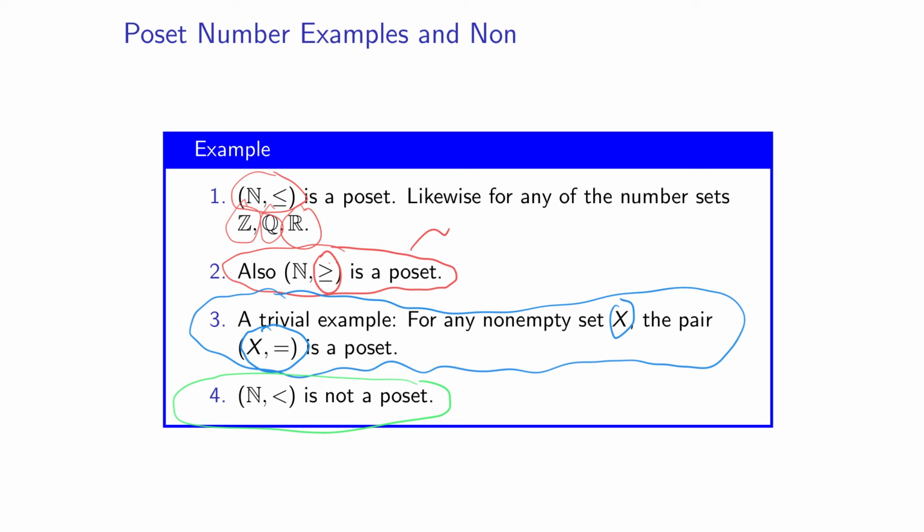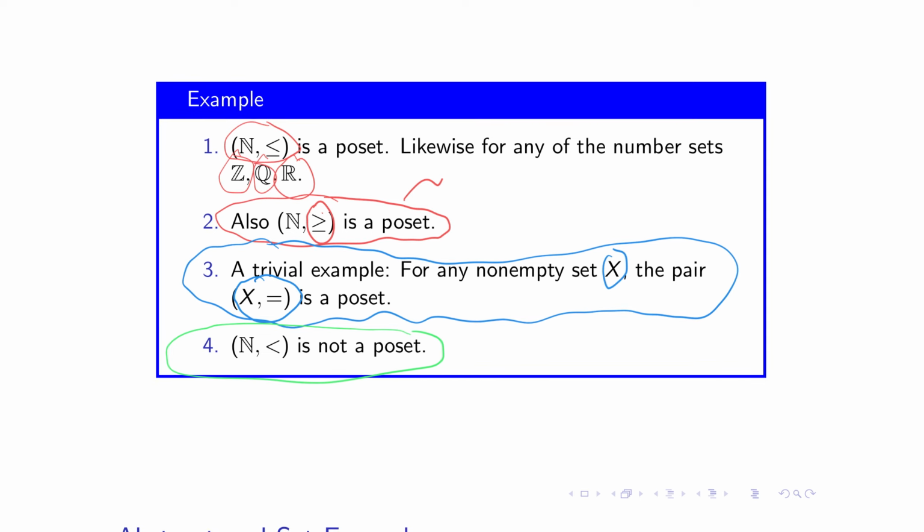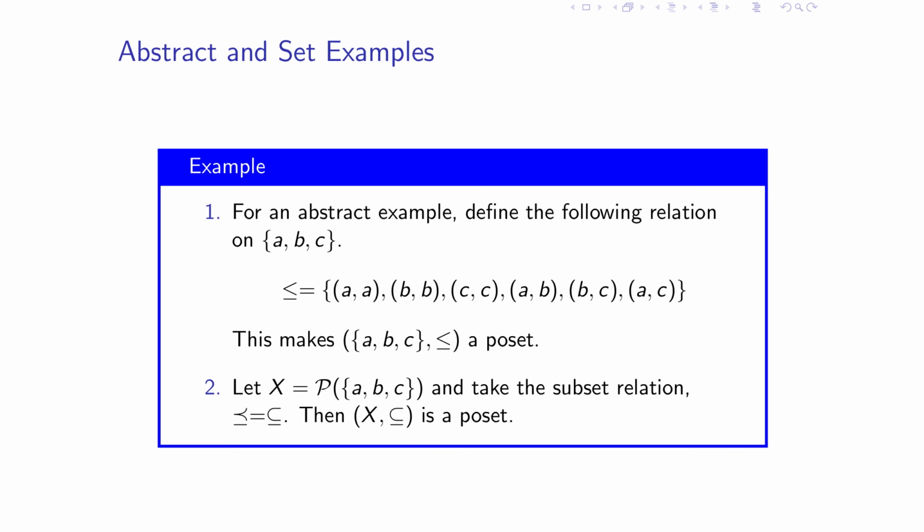Exactly which axiom or axioms are violated by this example? Assuming you've had time to pause and come up with your own answer, I'll tell you it's the reflexivity axiom that is violated. That's what makes strict less than not a poset on this number set, but also on any other number set.